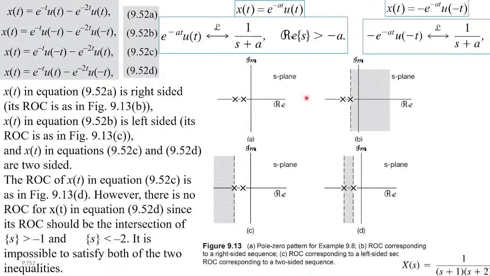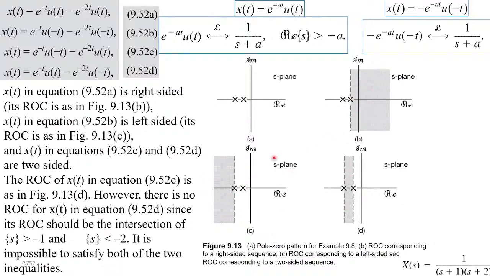And then there are 3 possibilities of ROC here. And they will correspond to different inverse transforms. So we know the ROC needs to be a strip bounded by poles, as we said. So it's either the rightmost strip, or the middle strip, or the leftmost strip.